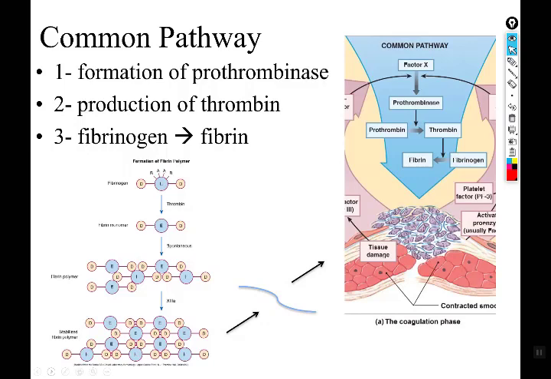So let's review this one more time, because repetition is our friend when we're learning new things. This picture down here, before I read you this stuff, is basically just an image that shows you what the subunits of fibrinogen look like, and then thrombin's effect. Thrombin turns fibrinogen, with all of these side chains that make it insoluble, and it basically just rips those off and turns them into fibrin.